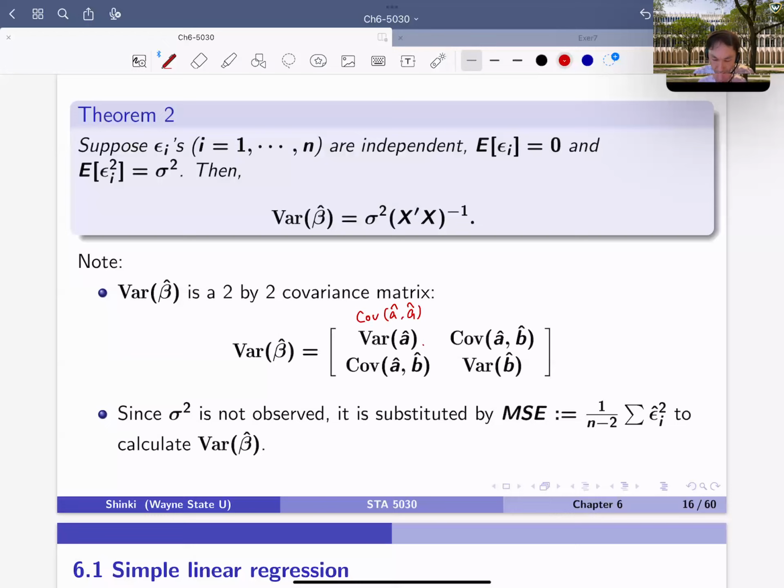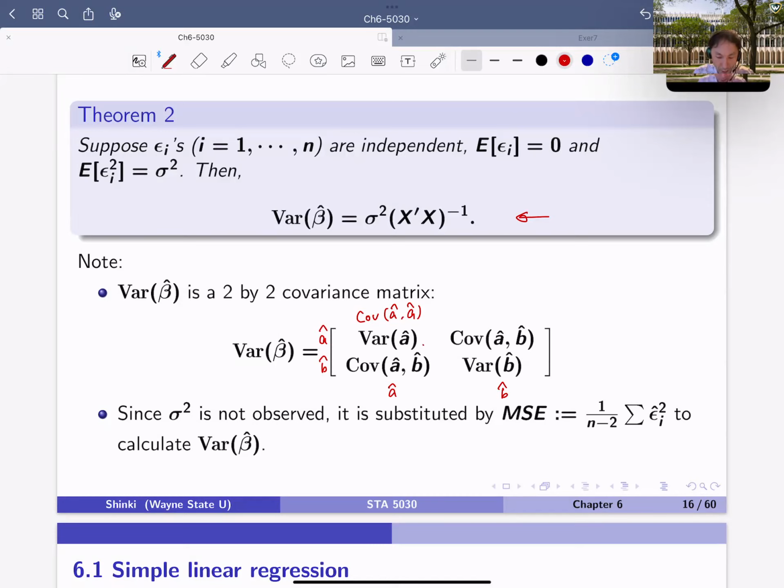And the 2-2 diagonal element is the variance of b hat. And the off-diagonal element is the covariance of a hat and b hat. So basically, we are thinking about the row of a hat and b hat and the column of a hat and b hat, and we combine these to represent the variance of a hat, the variance of b hat, and the covariance of a hat and b hat. And actually, these 4 quantities are obtained by just one formula.